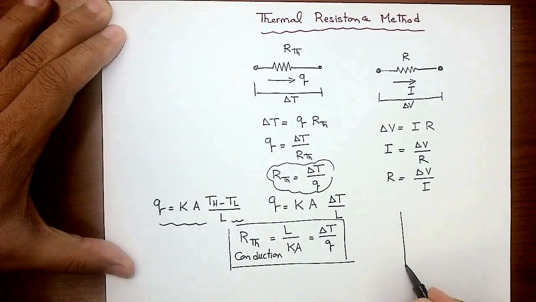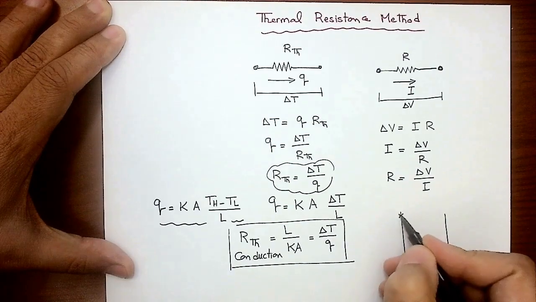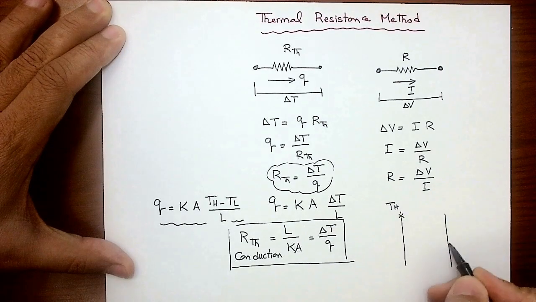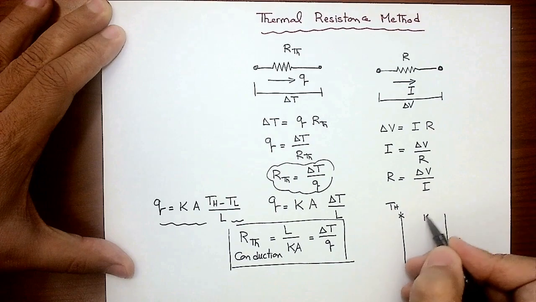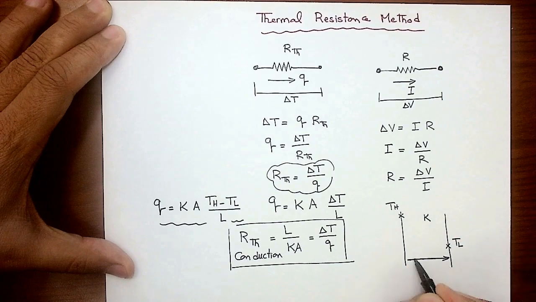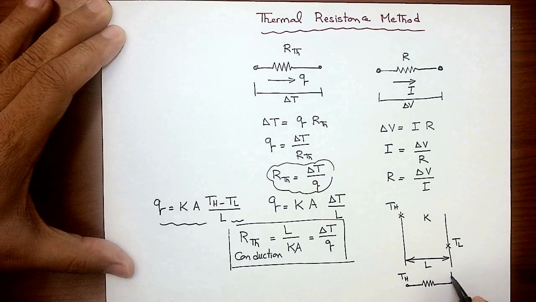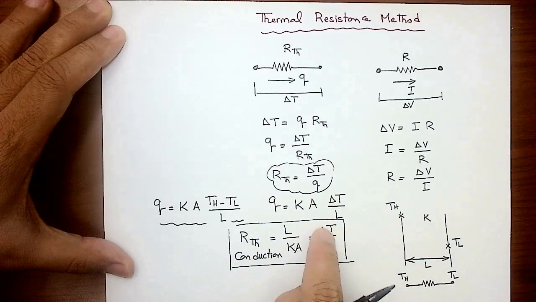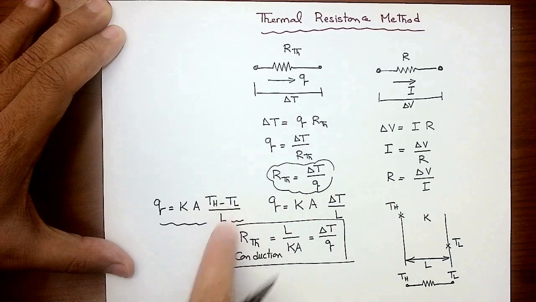So I can have that wall here that has TH, has a TL, has a thermal conductivity K, has a thickness L, and I can replace that body here with a very simple resistance like this. The two nodes are at TH and TL, and that's what gives me delta T here. Remember, delta T is TH minus TL.